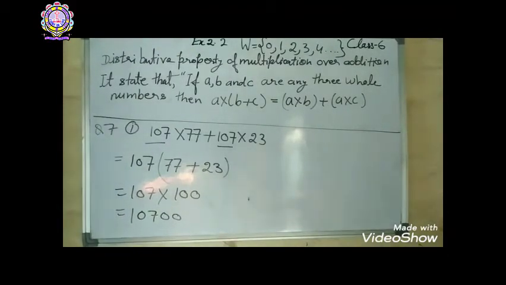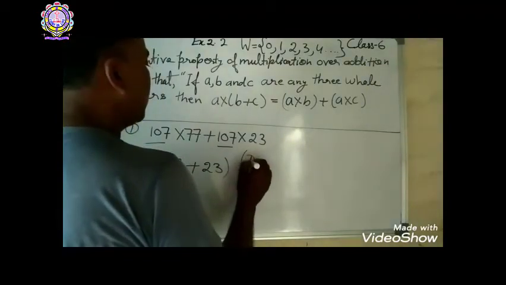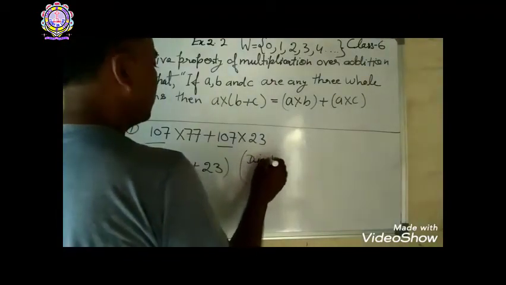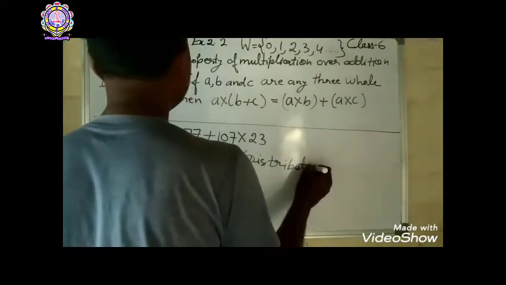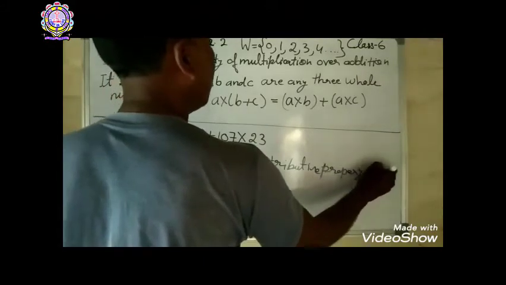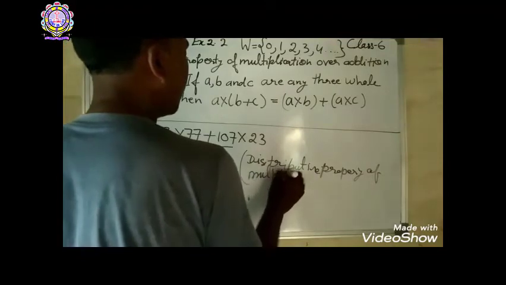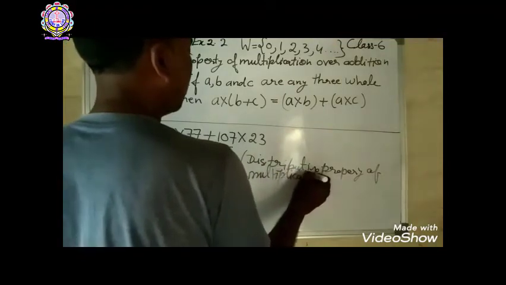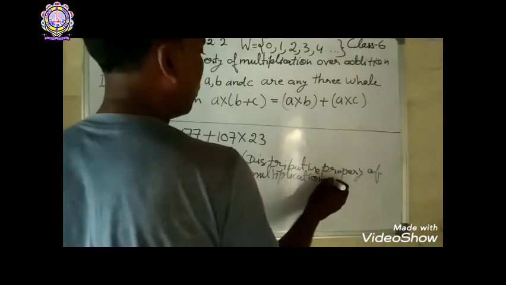So check the question. That is 10,700. So by using the property, here we write distributive property of multiplication over addition.